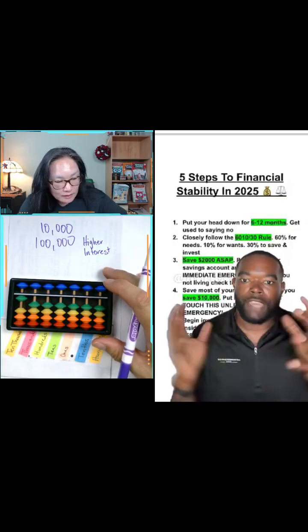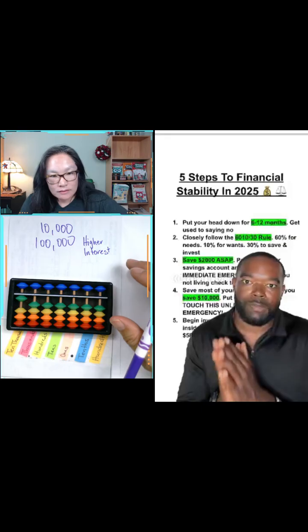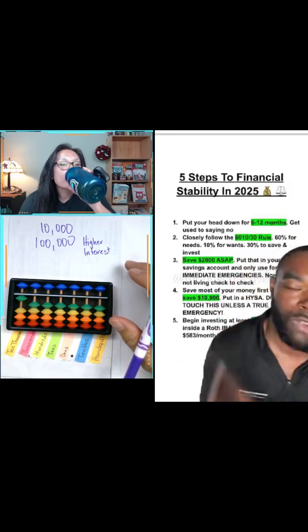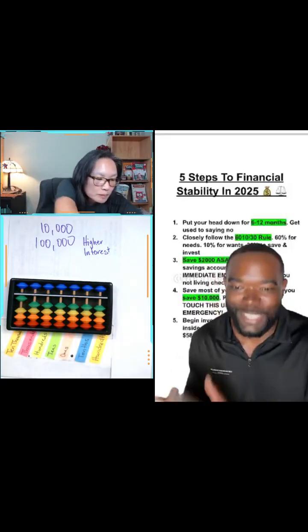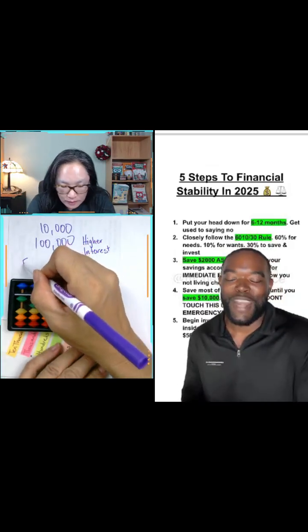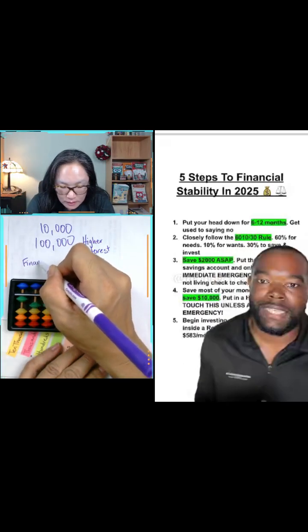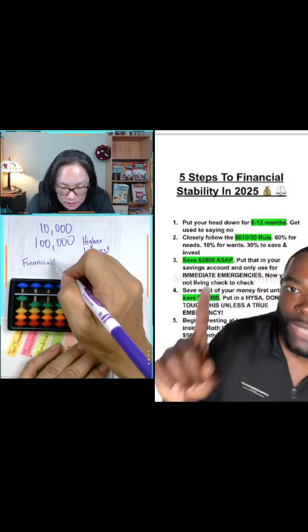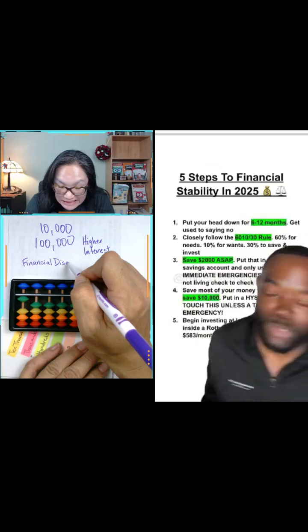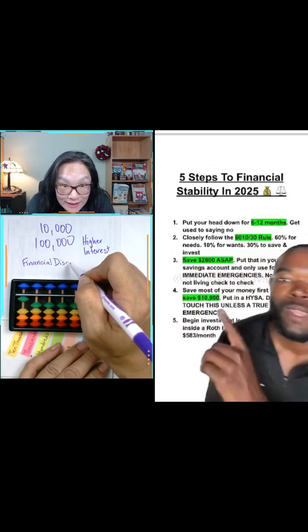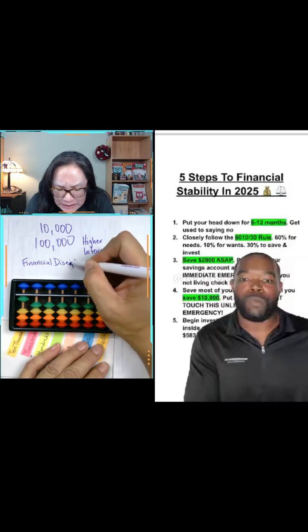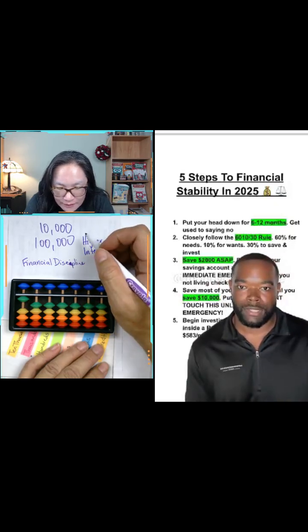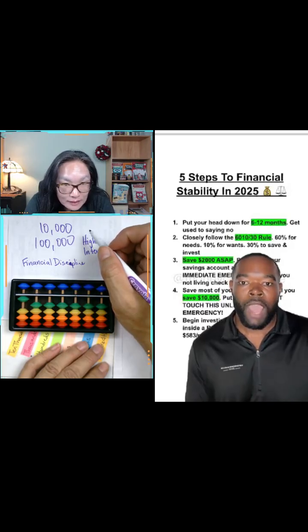We want to separate it because we want to create financial discipline. I know that's hard for a lot of us, but this is how you do it. You create this structure where we have the 2,000 in our regular savings that you have immediate access to. And then you have this high yield savings account, which is separate from your regular savings, that you don't have immediate access to. You don't even want a debit card tied to this. Why? Because we want to create discipline.